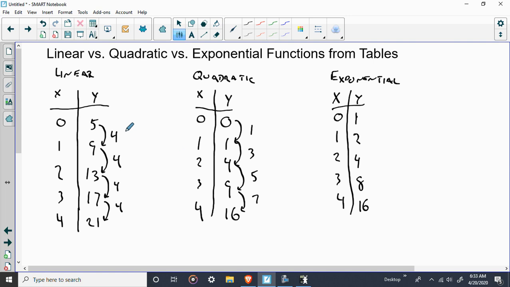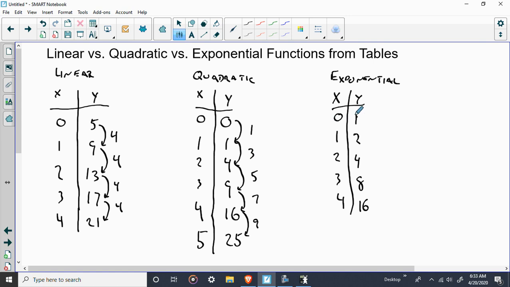But if you notice, these are all changing by a different amount. And if you want, you could find the difference. What would the next number be? If I went 1, 3, 5, 7, well, the next number should be 9 more. So 16 plus 9 should be 25. So there is a pattern here, but it's not that constant slope we're looking for.